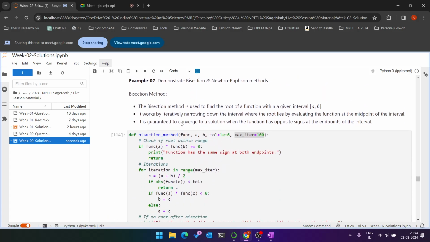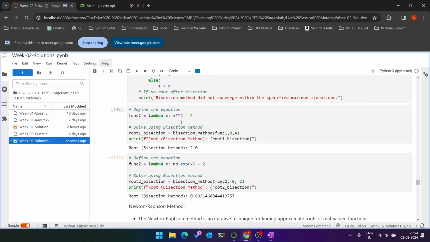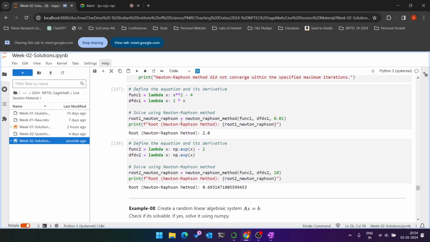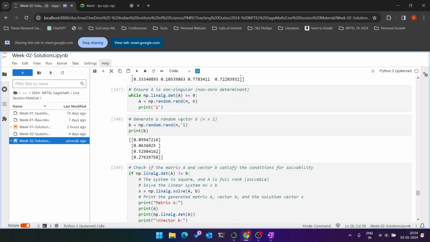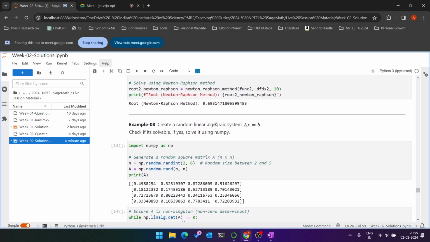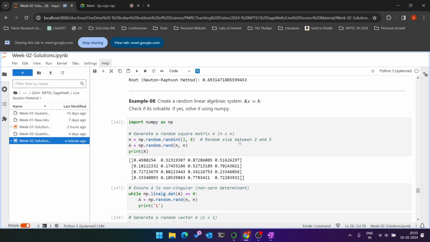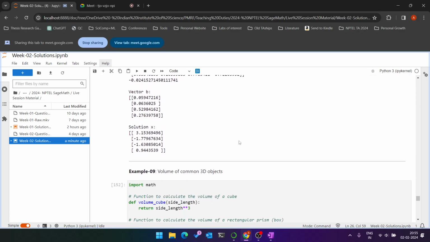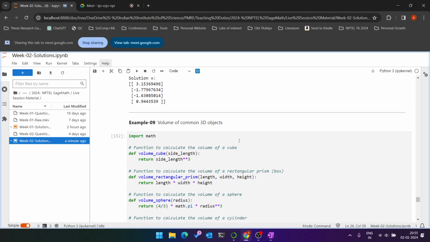We also looked at root finding methods, specifically the bisection method. Newton-Raphson was taught in class, but as a comparison, it was nice. And then how we solve linear algebraic equations, which is particularly important for engineers, as well as if any of you are interested later on in data science.